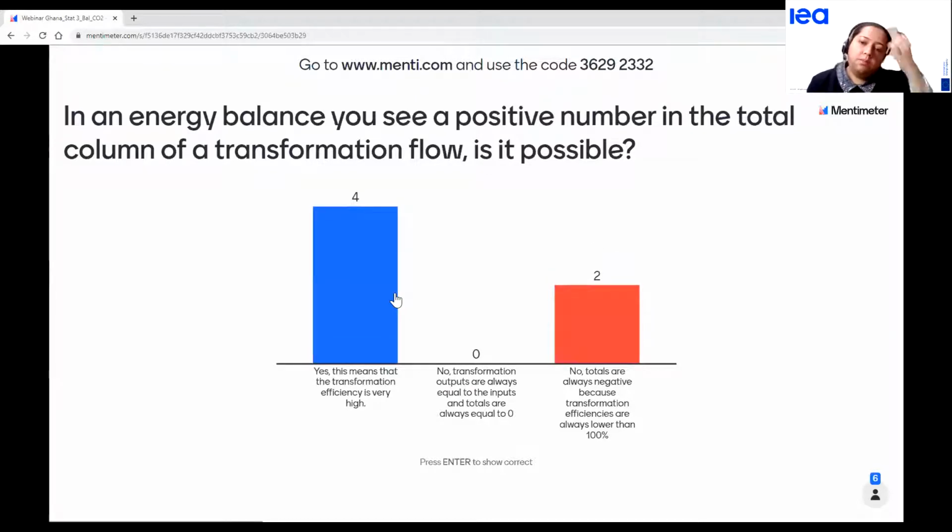So think maybe of this example I just gave about oil refinery transformation. You have an input of crude oil and an output of oil products. Is it possible to have a positive number in the transformation? And here we are talking about energy balances and not energy commodities.